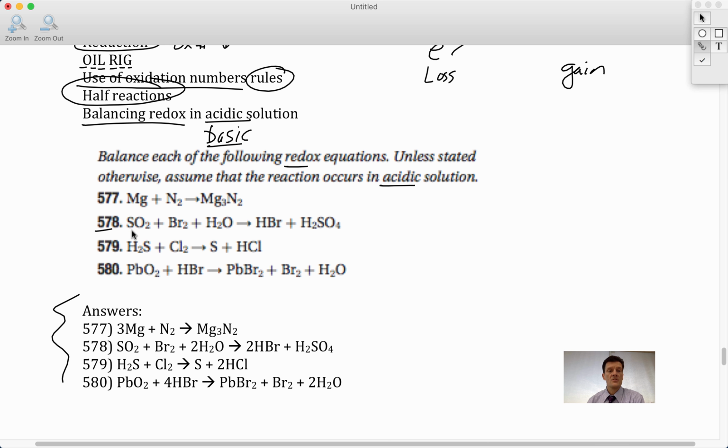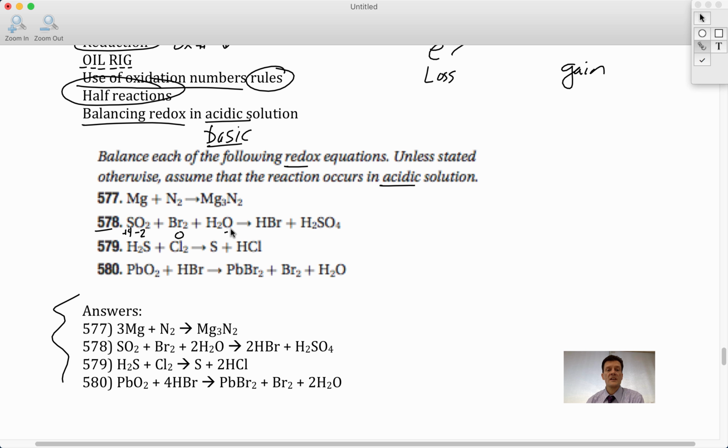Yep. So I'm going to first assign oxidation numbers. So O is always a -2. There are 2 of them, so that's a total of -4. Along with the S, it would have to add up to a total of 0 because that's a neutral molecule. So S must be a +4. Br2, all by itself, an element, is going to be 0.